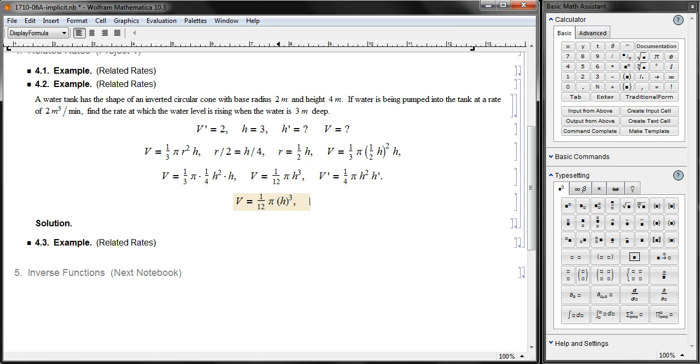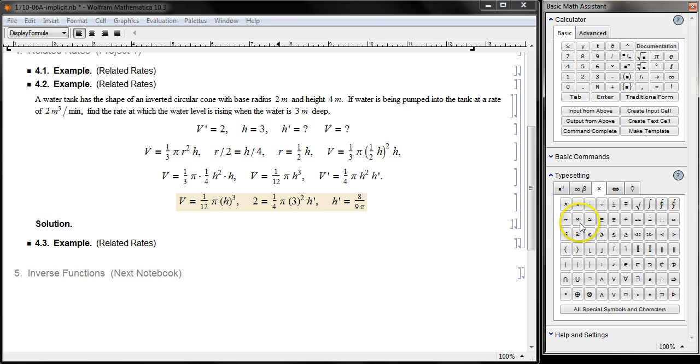What is V prime? 2 cubic meters per minute, equals 1/4 pi, and then this 3 squared times H prime. H prime is the quantity we are looking for. So H prime, the derivative, is 8/9 pi.